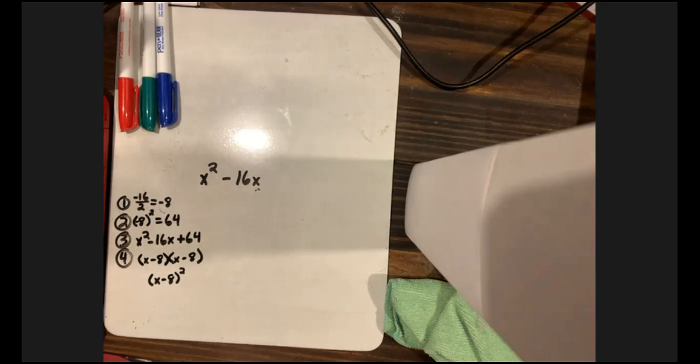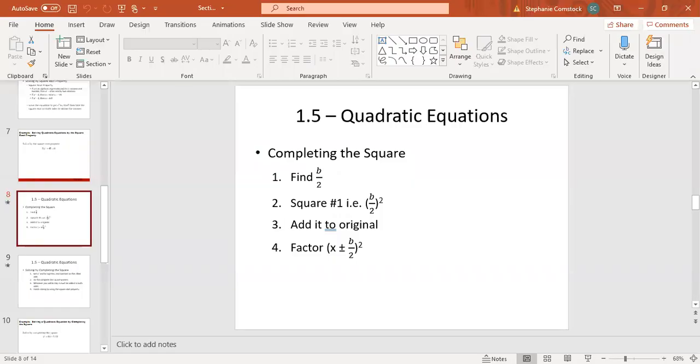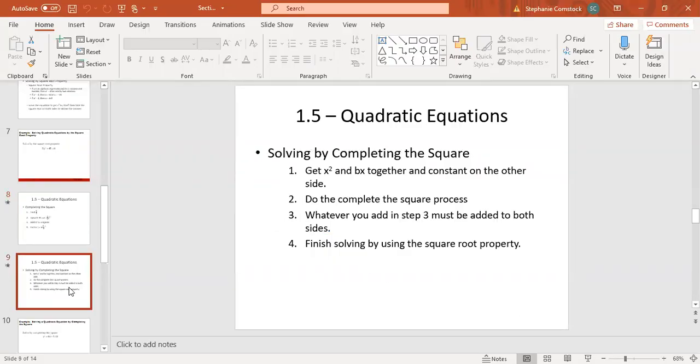So now then, how we're going to see this done in setup, okay, is after we've done this, what we're going to do is we're going to get our x squared and our bx on the same side. And if there's a constant number, then we're going to move that over to the other side. Now, we're going to do our complete the square process, but that value that we add on step 3, that last one where I did the 64, you've got to add that on both sides.